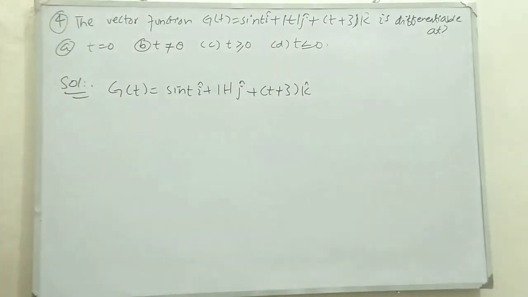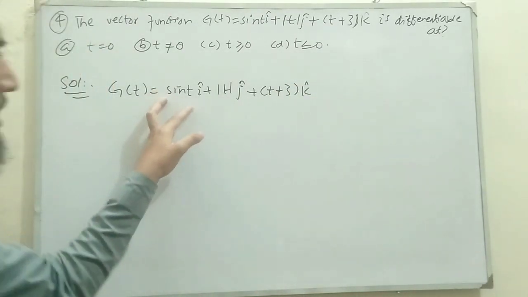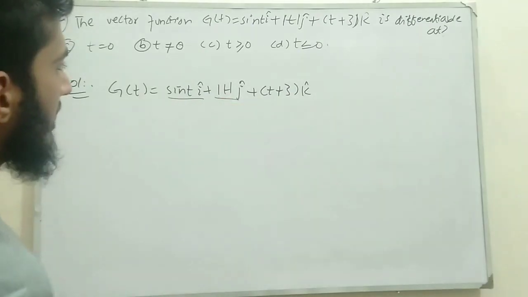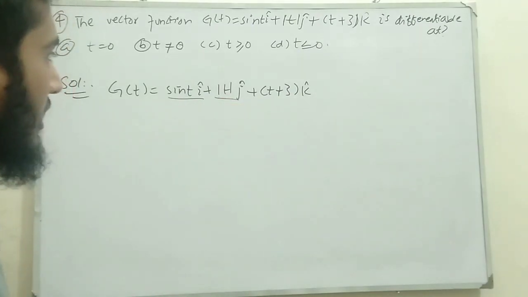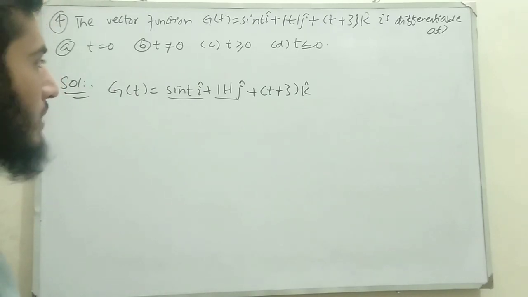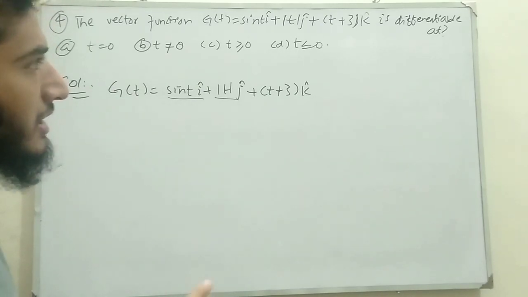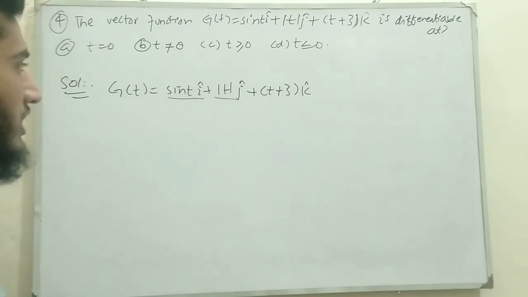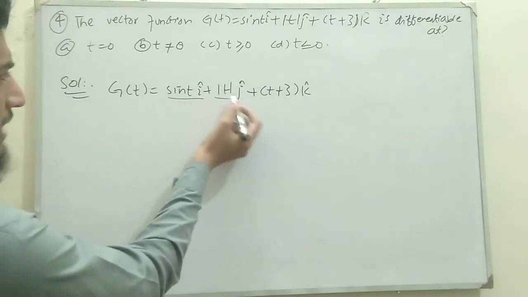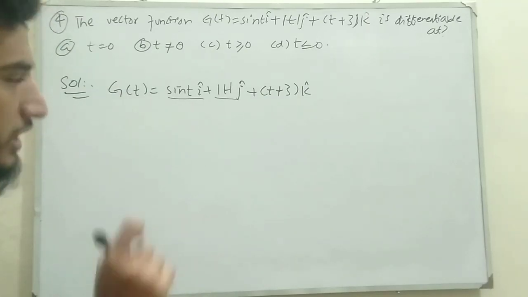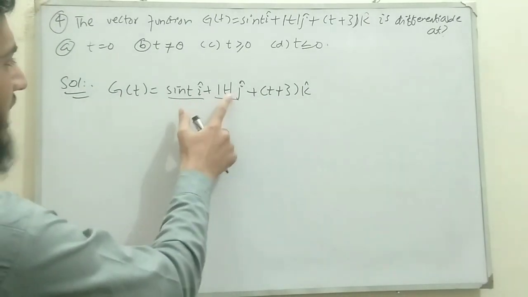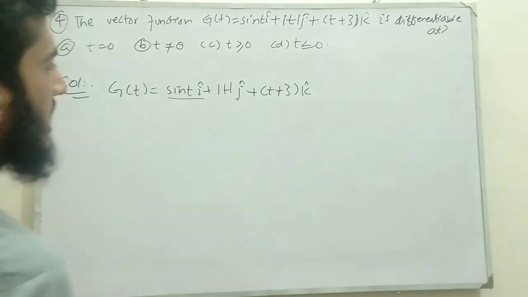So you know that, let's suppose this is a vector function, sin t i plus t mod j. When there is no division operation, it means that the function will be continuous. Here sin t i and t mod j are not in fraction form, so it means that both are continuous. Sin t i is continuous, while t mod is not differentiable. Why?